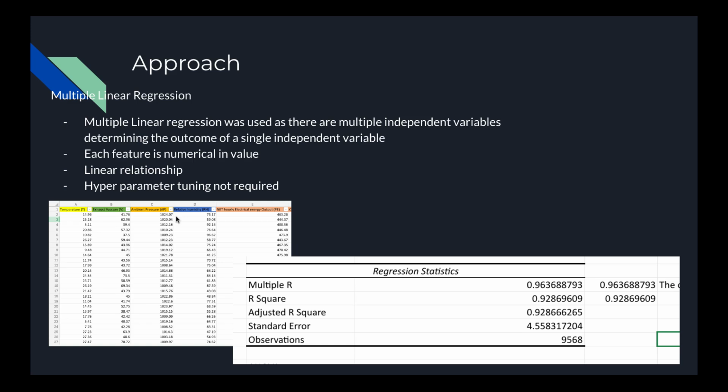Each of these features are numerical in value. They all indicate a linear relationship, and we didn't have any hyperparameter tuning requirements. So this is why we felt like multiple linear regression was the best approach.